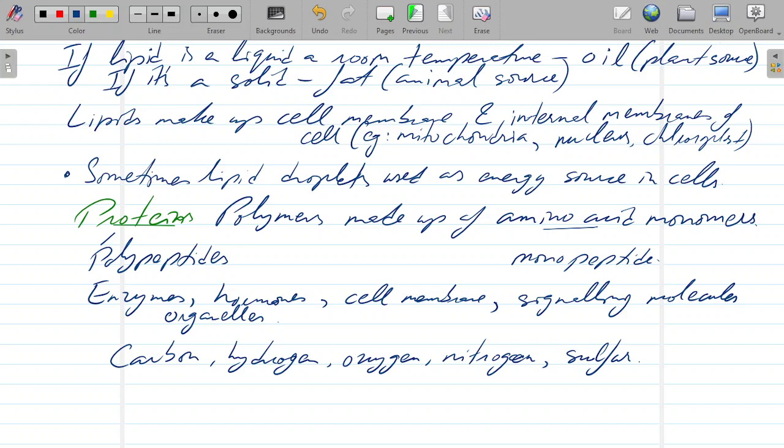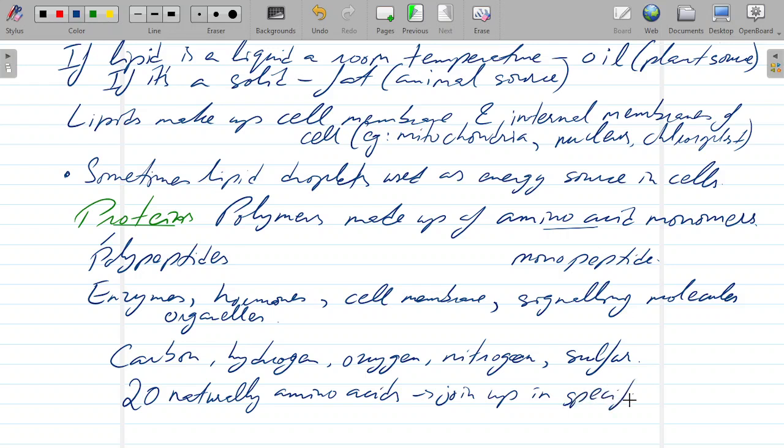There are 20 naturally occurring amino acids, right? And they join up via condensation in specific sequence to form the different proteins.